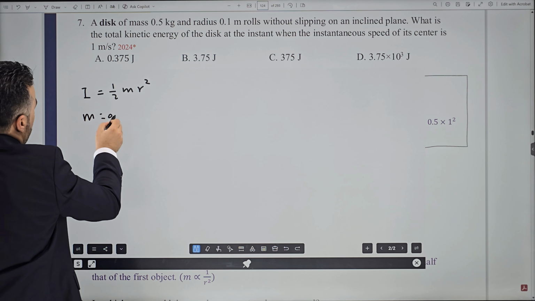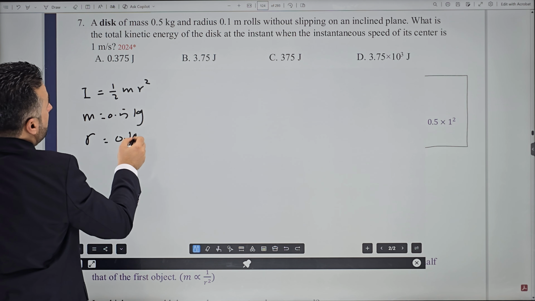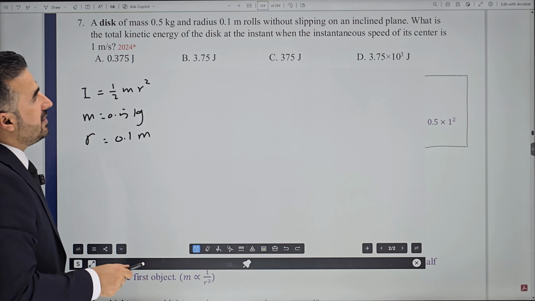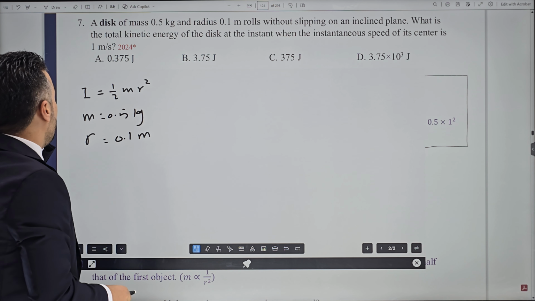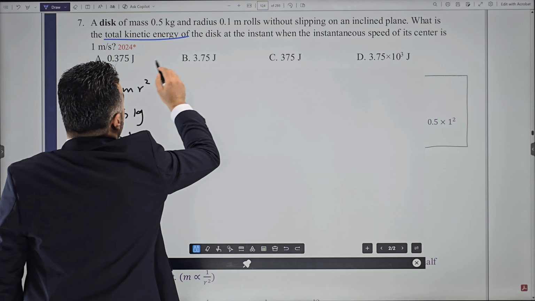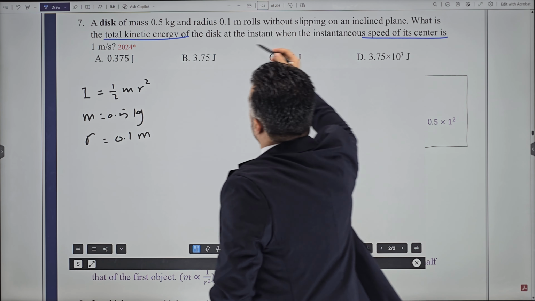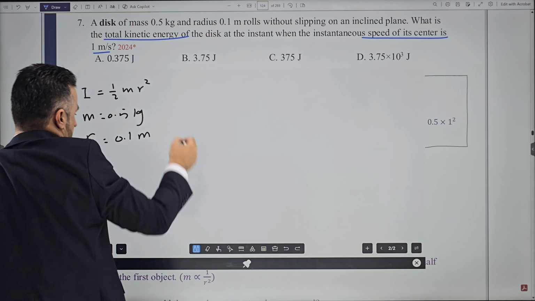The mass is 0.5 kilogram. The radius is 0.1 meter. It rolls without slipping on an inclined plane. What is the total kinetic energy of the disk at an instant when the instantaneous speed of the center is 1 meter per second?